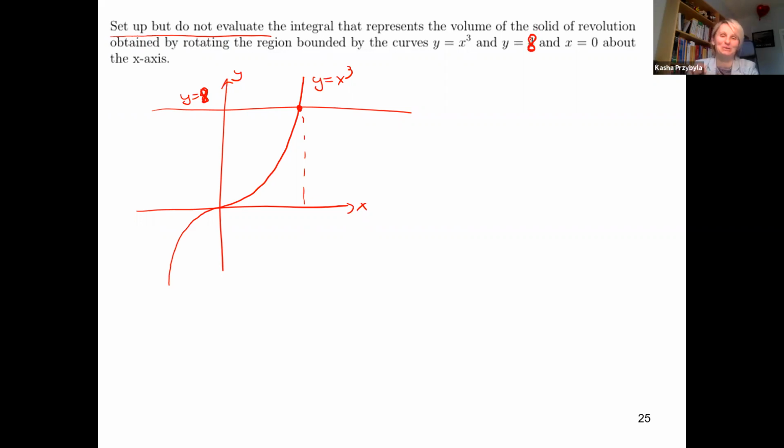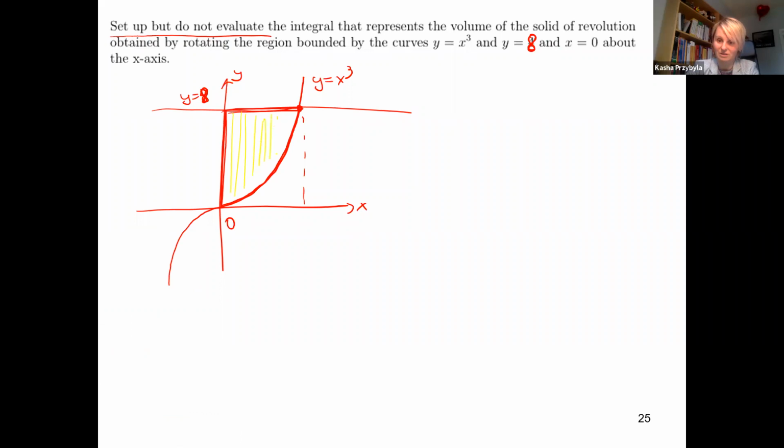It will be a little bit better with the calculation. And x equals 0. What is x equals 0? Is that the y-axis? Okay, makes sense. That means this is the region, and we're rotating this.